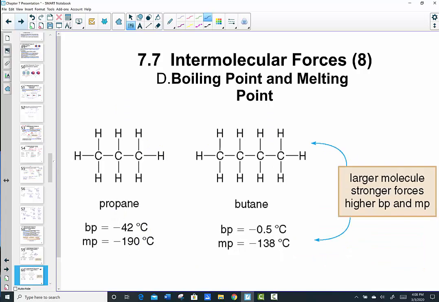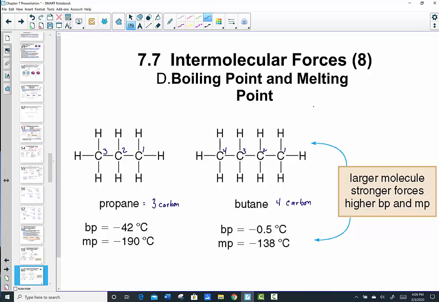You can compare the size of molecules as well. Propane is a 3-carbon chain. Carbon 1, 2, 3. Now notice here, simply by lengthening the chain to a 4-carbon unit, we've increased the boiling point.